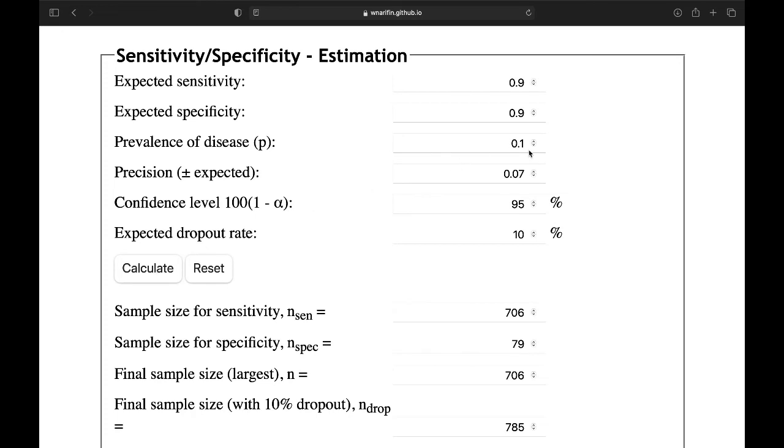If I decrease prevalence even further to 5%, the sample size for the diagnostic accuracy study increases. So why do we say that diagnostic accuracy studies should be done in clinical settings or settings where we suspect that disease will be present? Because we basically increase pre-test probability. It will also reduce our burden of sample size.